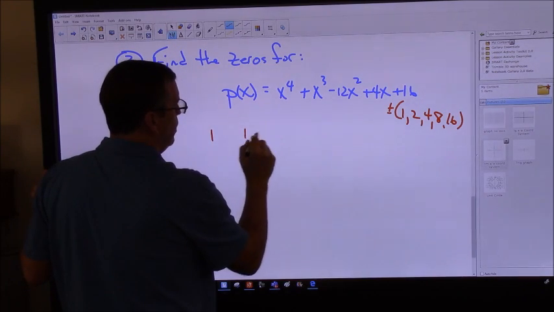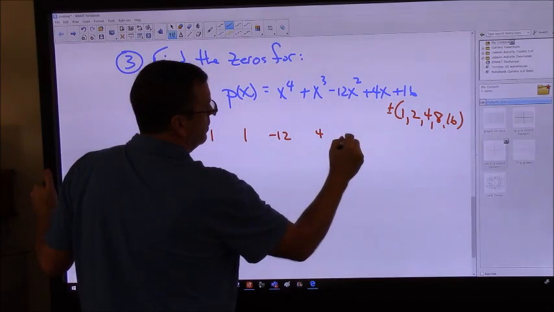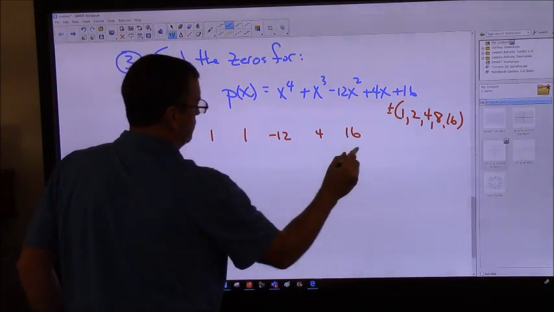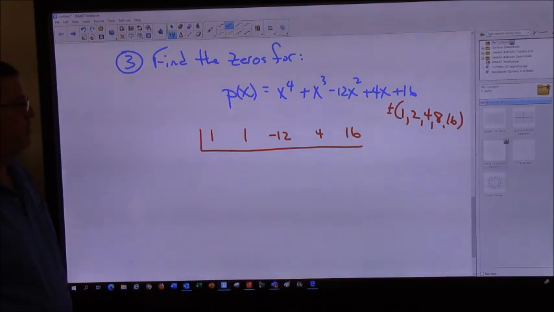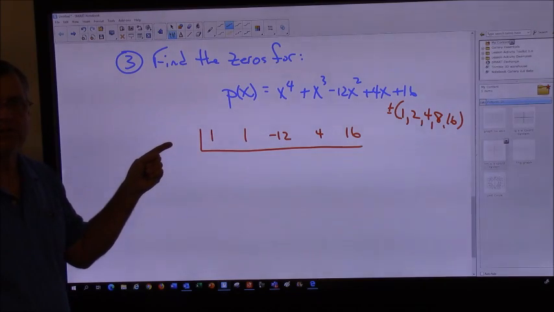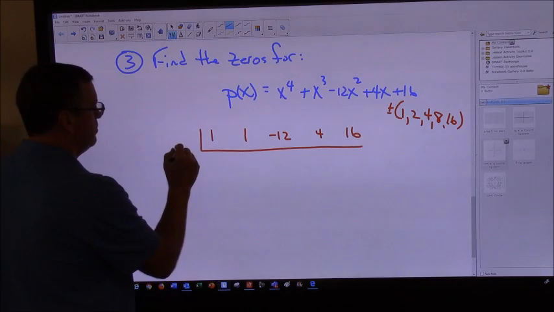I've got 1, 1, negative 12, 4, and 16. Do these numbers all add up to 0? No. So that means 1 doesn't work, right? So I can skip 1, I can go straight to 2. Let's just see what happens.